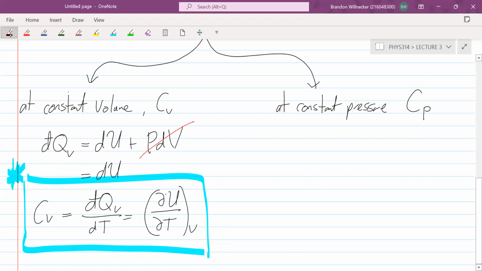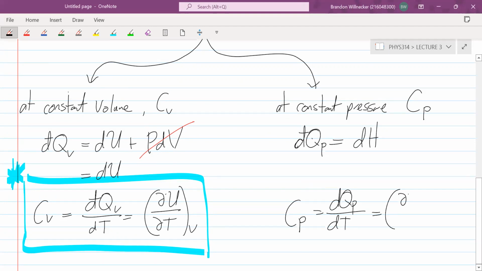And at constant pressure, dQ at constant pressure, you can check this. Just go back to our definition of the dQ from before. This is equal to dH, the change in enthalpy. So here, C_P is going to be dQ at constant pressure by dT.